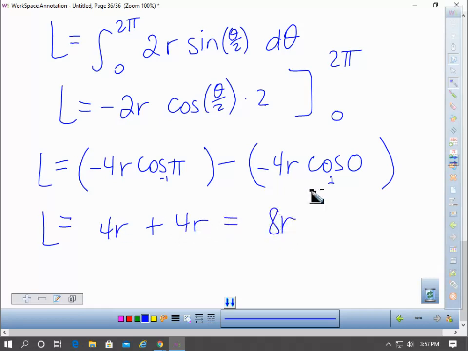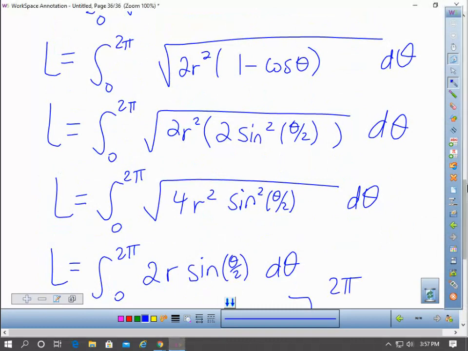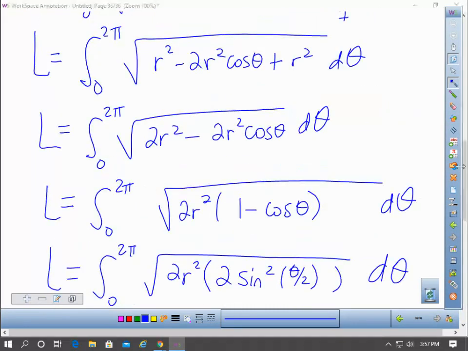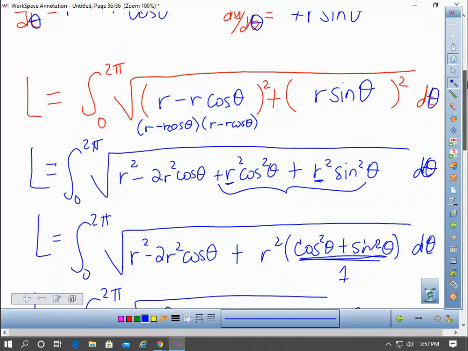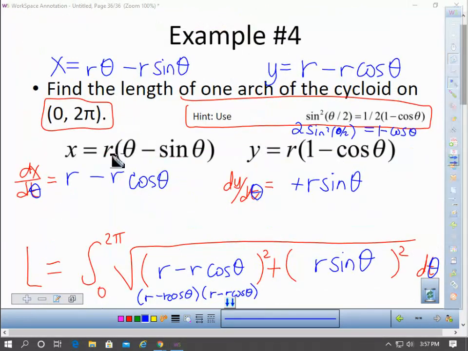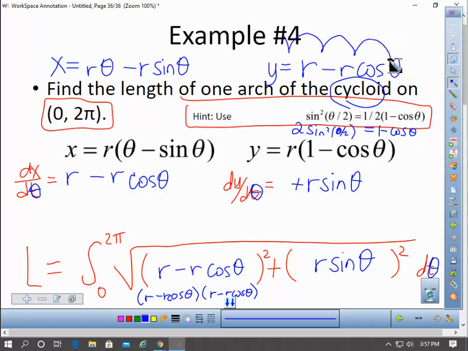That's our final answer. Depending on what the radius is for this particular problem, this cycloid we're doing, remember this was that generic equation of a cycloid with whatever radius r we want it to have. So r can be any radius number, and this is a general formula for a cycloid. We found the length of one of the arches of a cycloid.